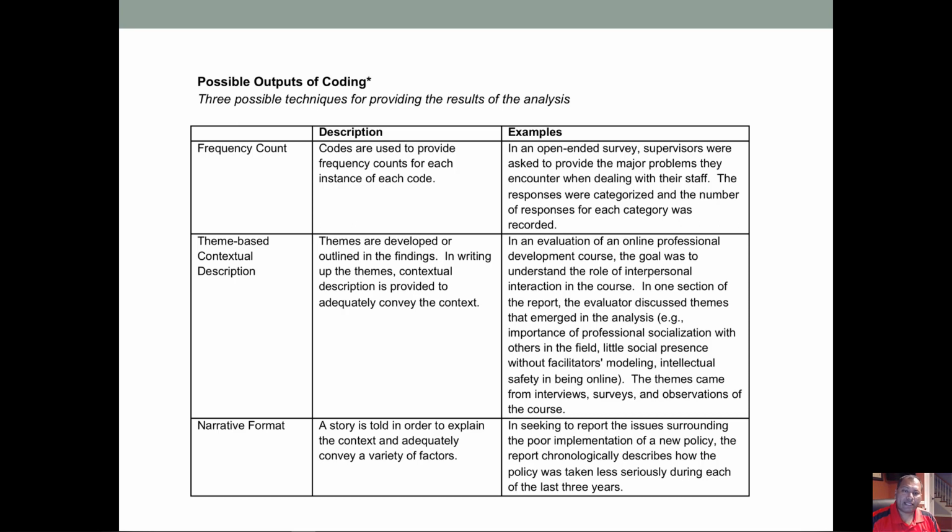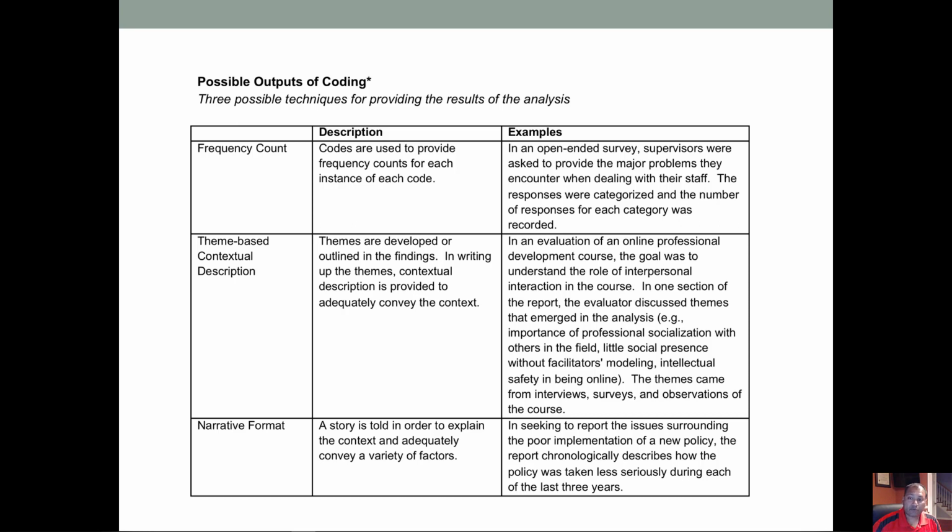The second one is the theme-based contextual description, and that's a little bit deeper. There is a little bit of understanding. Usually you're looking at the themes, and they are developed kind of like inductive theory. So they are developed or found in the report, in your analysis, and then they usually have a contextual description of what the finding is.